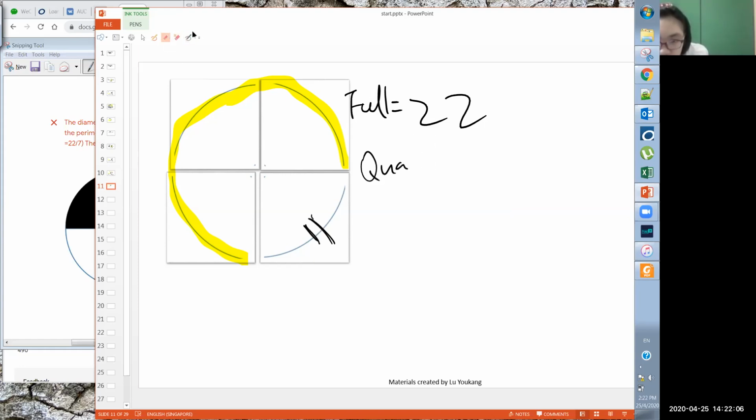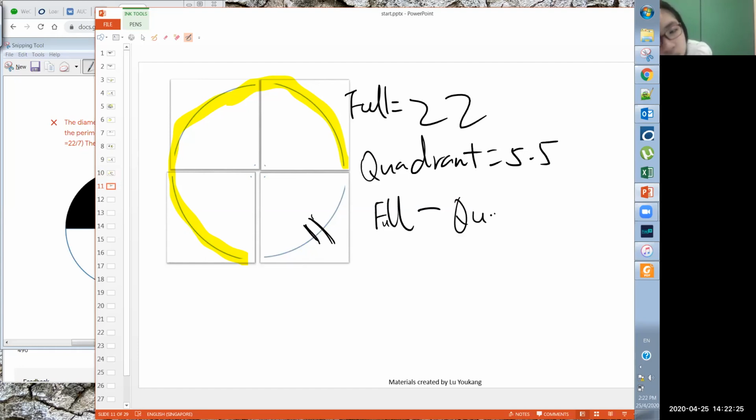Yes. So the quadrant is 5.5. In order to find this yellow line, you take full minus what? 22 minus 5.5. Yes. Okay.